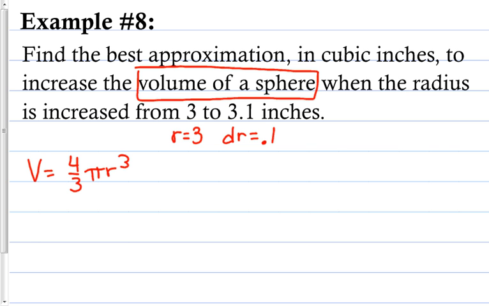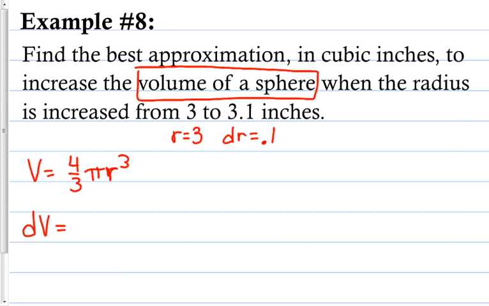There's my equation. I'm going to derive it because I want to figure out by how much the volume increased. So that is the change in volume, so that is dV. So dV is what I'm looking for, just like the area before the first few examples. Right, derive. There is only one variable. It is r. Pi is not a variable.